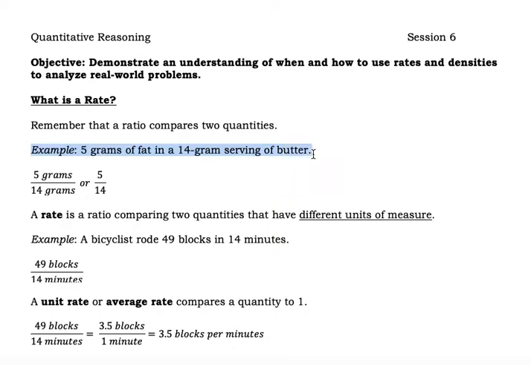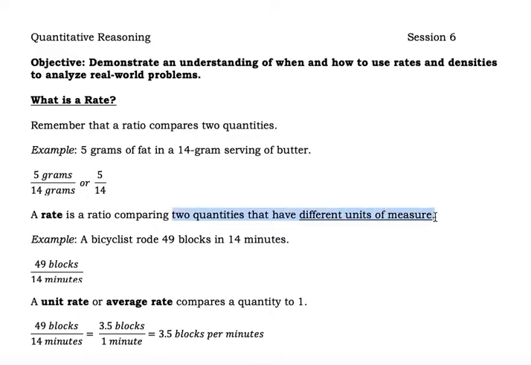If I want to write that as a ratio, that would be 5 grams over 14 grams. But since the units are the same, I don't necessarily have to write the units, so I can express it as 5 over 14.